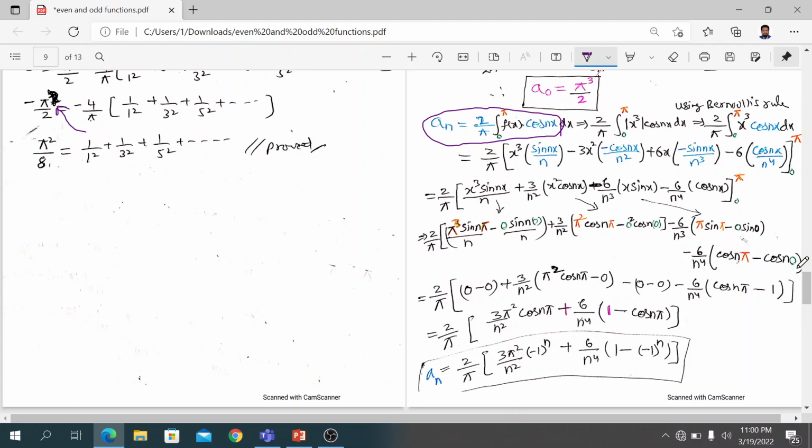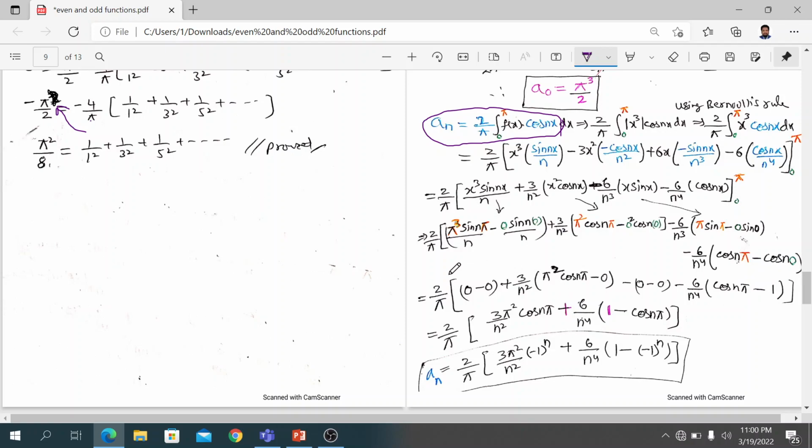Now simplification: 2 by pi as it is. Wherever sine is there, all value will be 0. So this 0 and this 0, plus 3 by n square pi square. What is cos n pi? The remaining 0 into something is 0. This sine value and this sine value are 0, minus 0. Cos n pi as it is, minus cos 0 is 1.